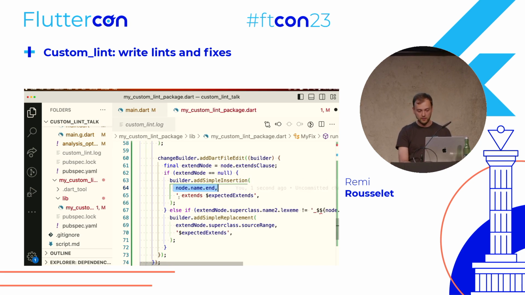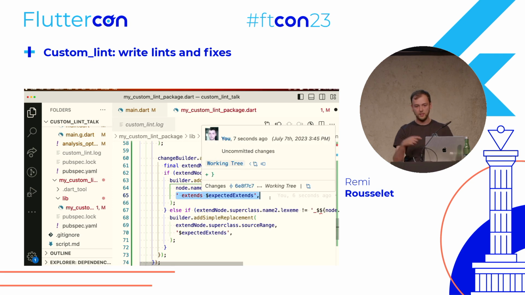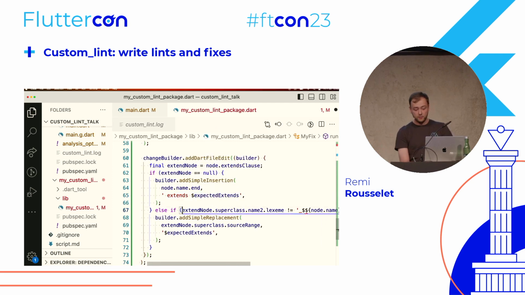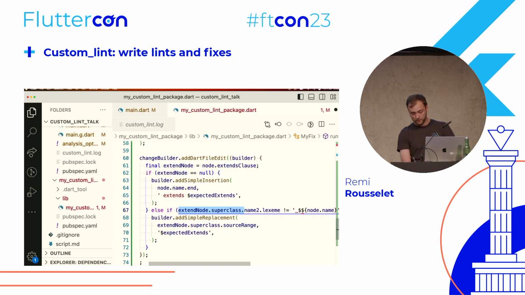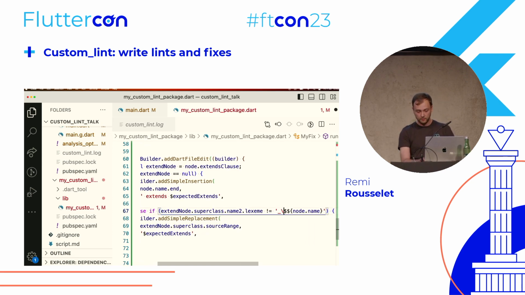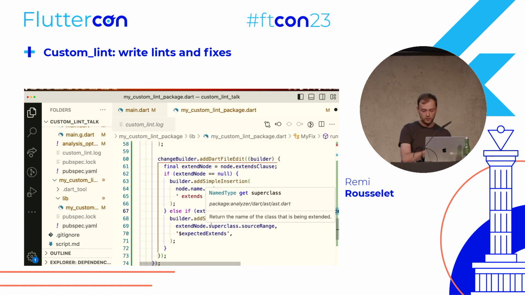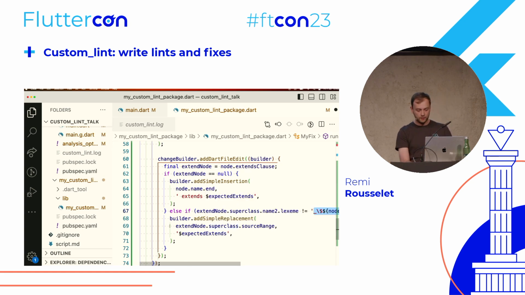And what we will insert is an extends keyword with the correctly extended class. And in the case where there is an extends keyword, but it's not the correct one, like it's not the $className, then we replace the existing extended class. So we replace the superclass extended with the actually desired class.